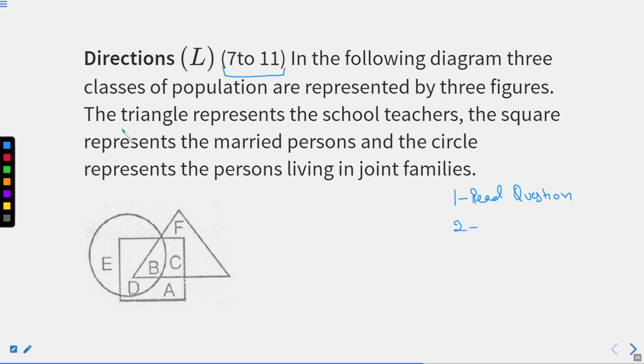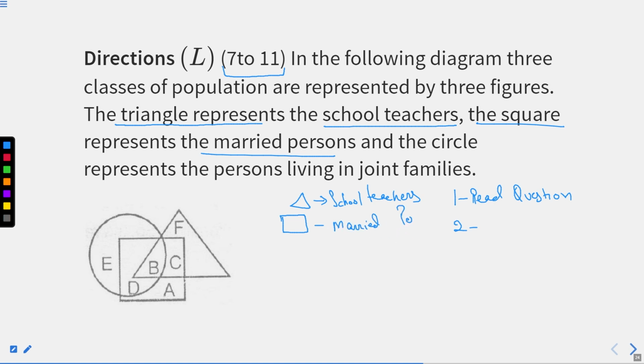The triangle represents, mark it, the triangle represents the school teachers, and the square represents the married person. It is clear till here.